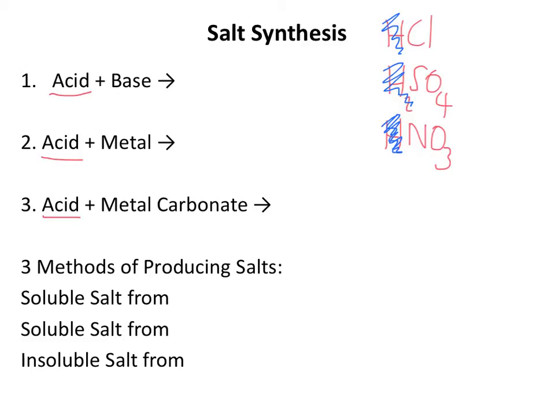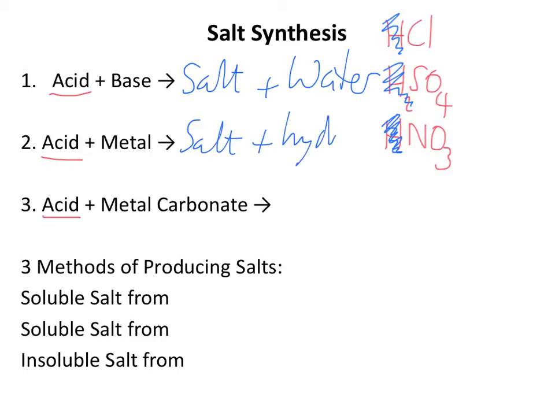So let's look at the three general equations that we use for producing salts. You should be familiar with these. When we react an acid with a base, we produce a salt plus water. We react an acid with a metal, we make salt and hydrogen gas. When we do that kind of reaction, you will see bubbles of colourless gas coming off, and that gas is in fact hydrogen.